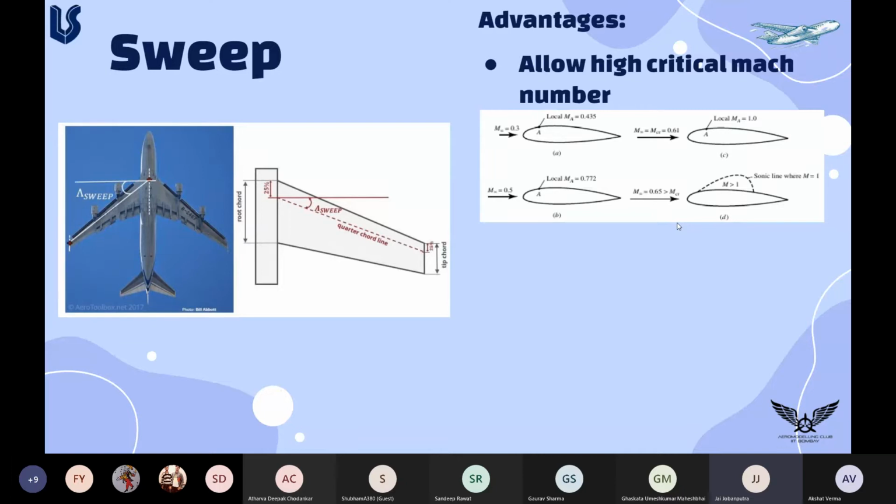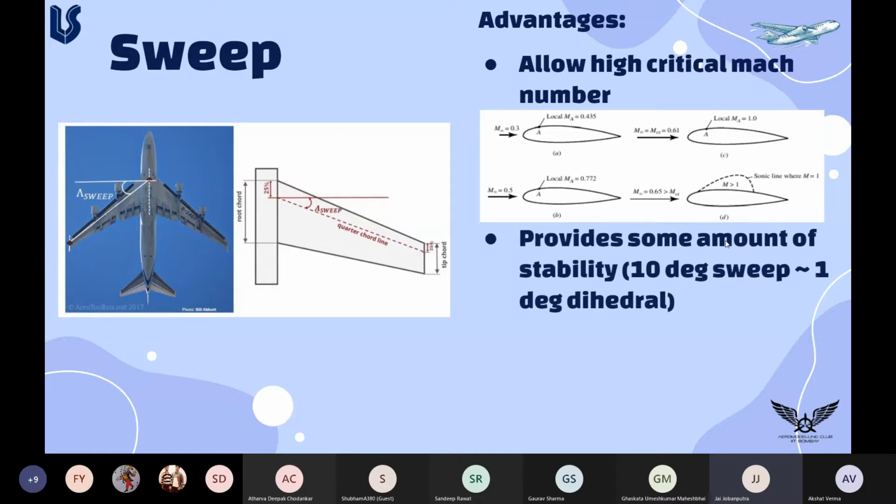So the velocity the airfoil actually encounters is a component, v cos theta. Suppose the sweep is 45 degrees, so it's v cos 45, which is v by root 2. That's how it stops the wind from reaching Mach 1 over the upper curve.